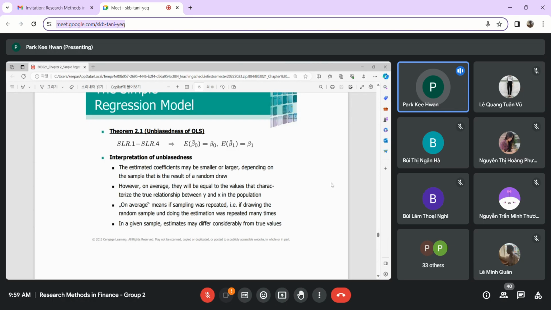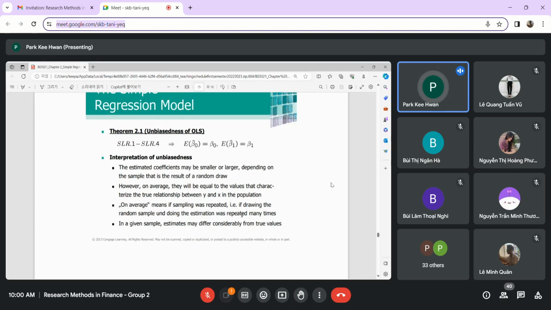Here again, on average means if you repeat sampling. You draw the sample again and again, and you conduct the estimation again and again, many times.